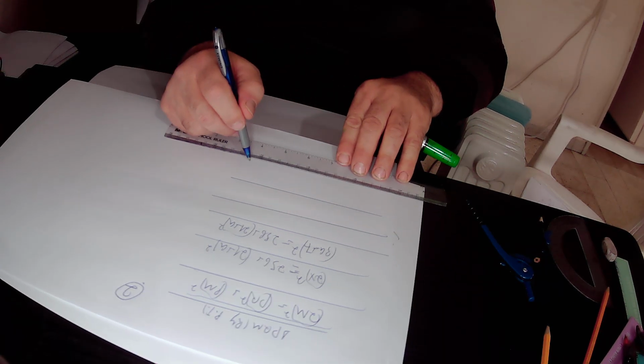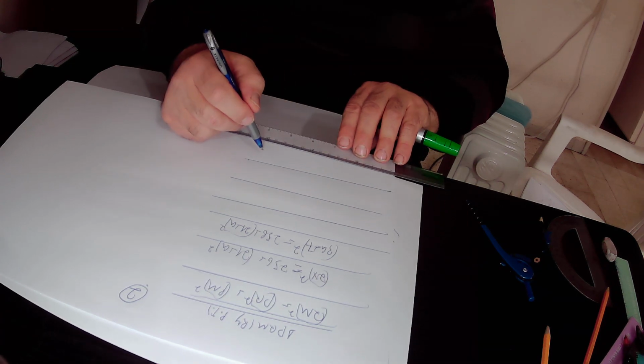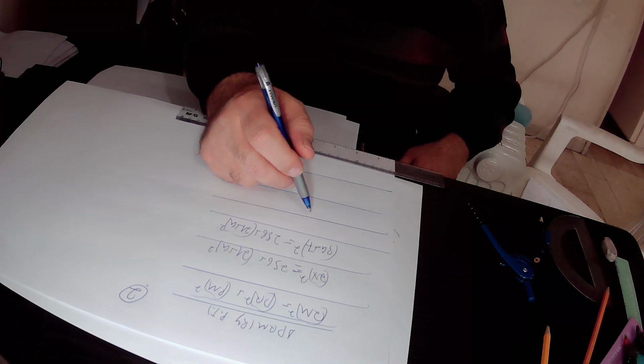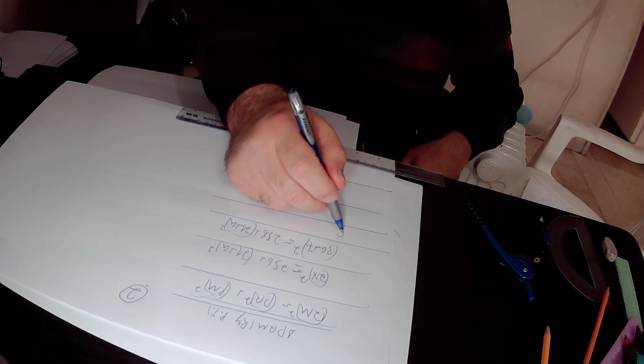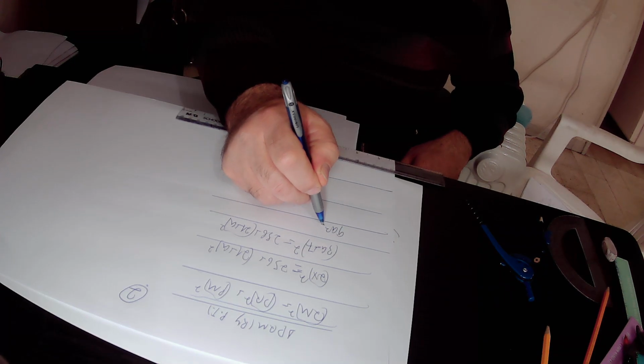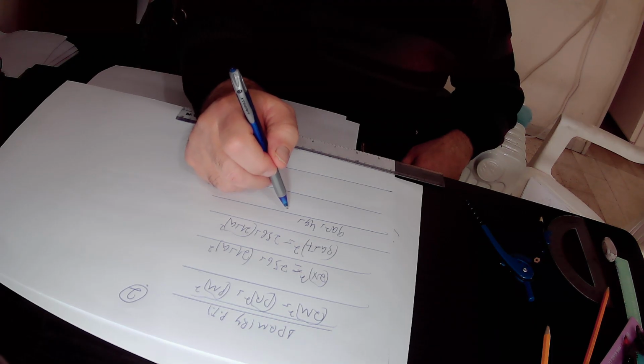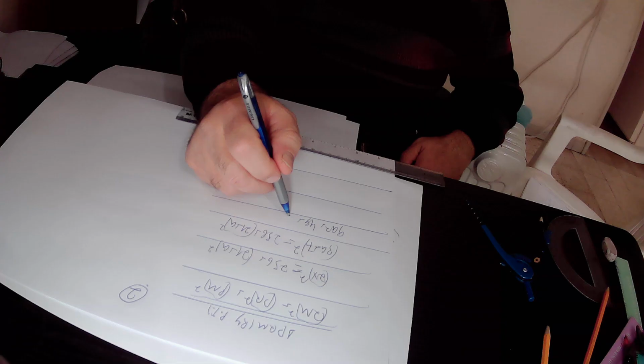We get that (3a plus 7) squared equals (3a) squared, that is 9a squared, plus 7 squared, that is 49, plus 2 times 3a times 7, is 42a.